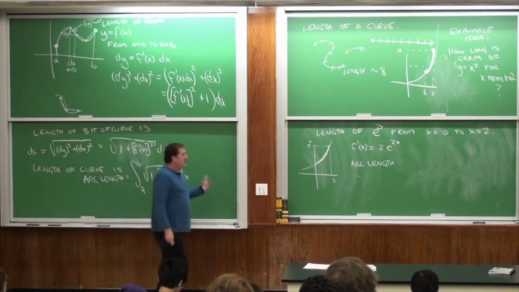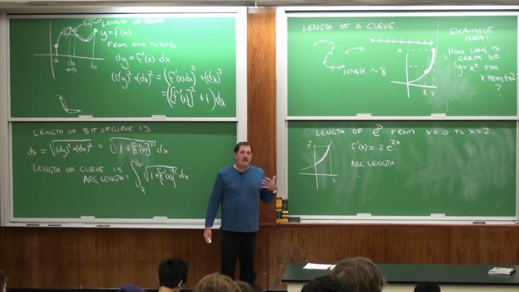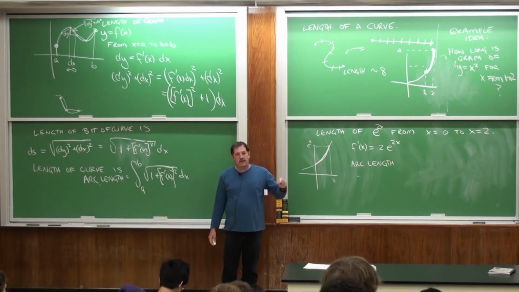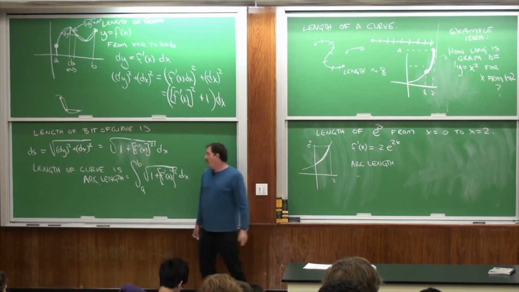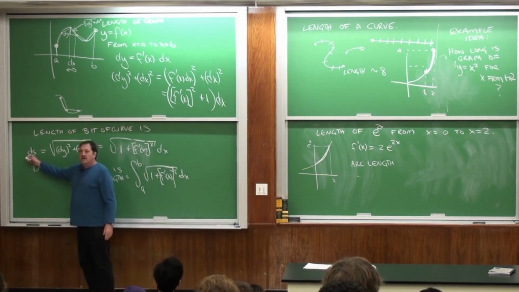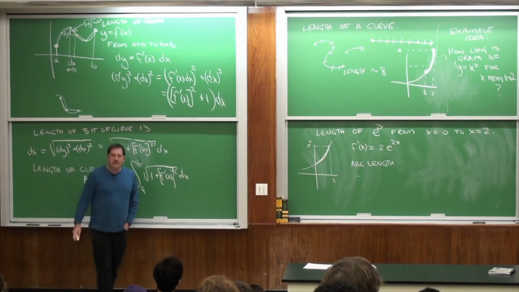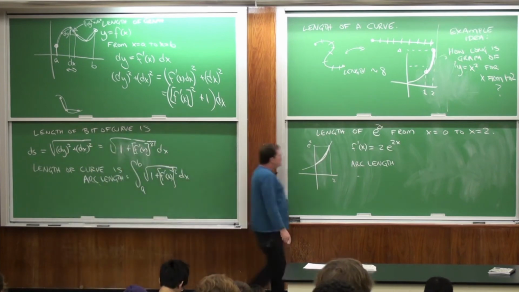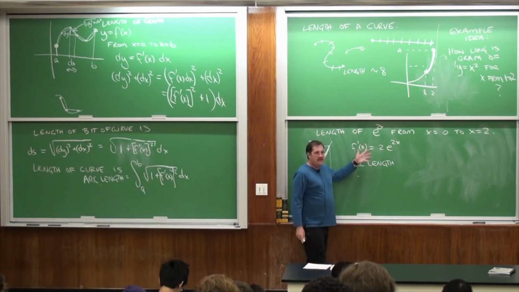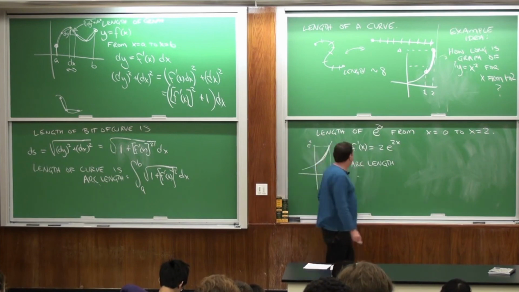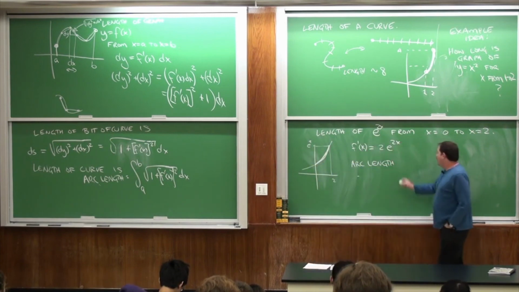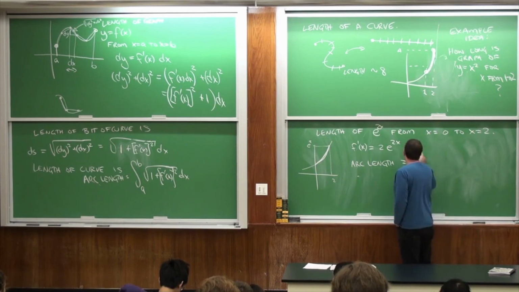And so in a number of applications, like in physics, you want to have something described in terms of arc length. And so often they will use ds to represent the arc length differential. Usually this length of a curve is called arc length. So the arc length here is just this integral.